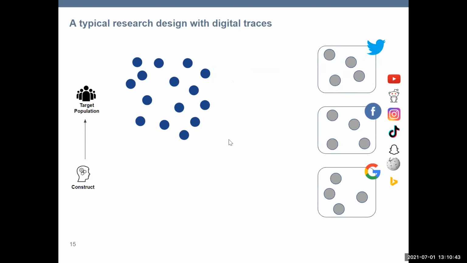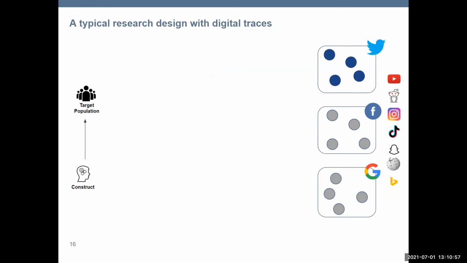What you can also do, which might not be so close to survey design, but is a thing that in computational social science is done a lot as well, is you don't take an abstract target population, for example a national population, but you just take the population of the platform and ask questions about that, which could be, what is the susceptibility to fake news of all German-speaking Twitter users? So how does information spread, for example?